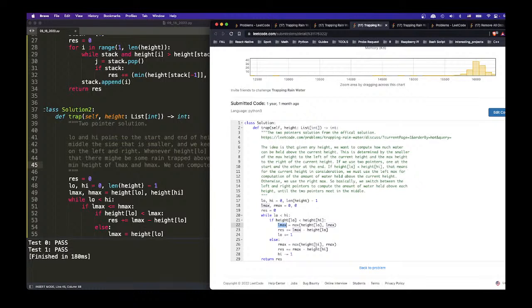When height low is bigger than high, the left max is not updated, right? Immediately we go to the right. And then we do whatever shenanigan we do on the right side.